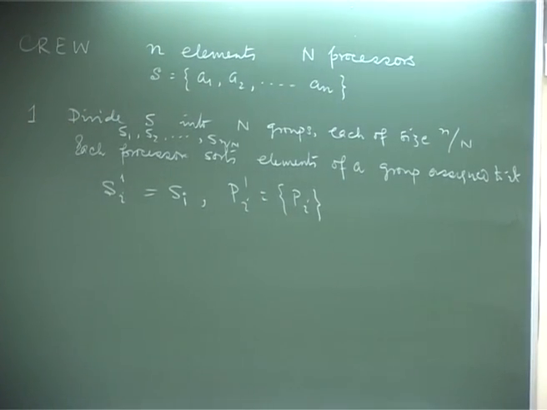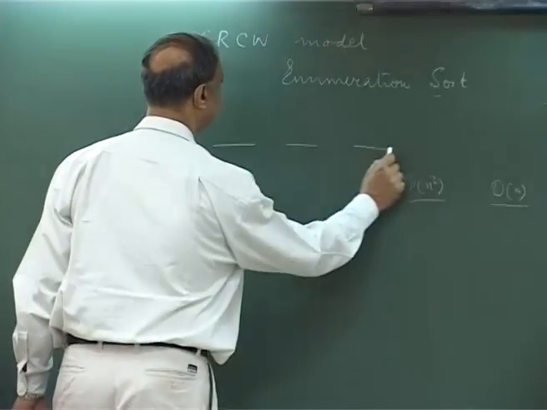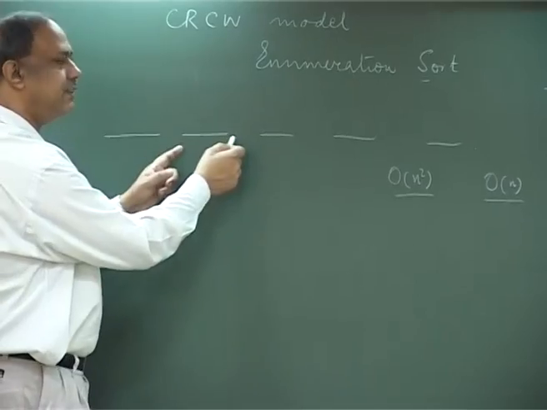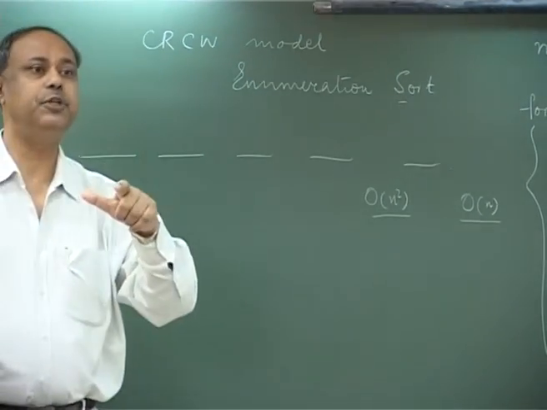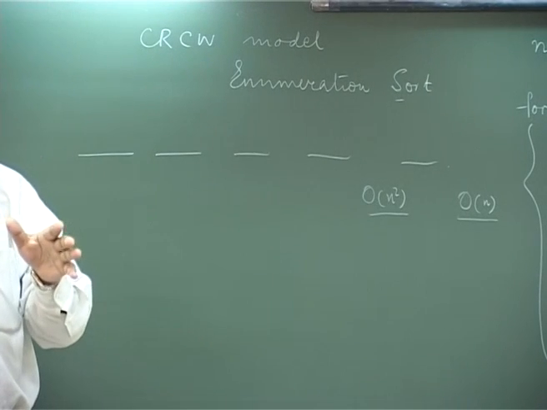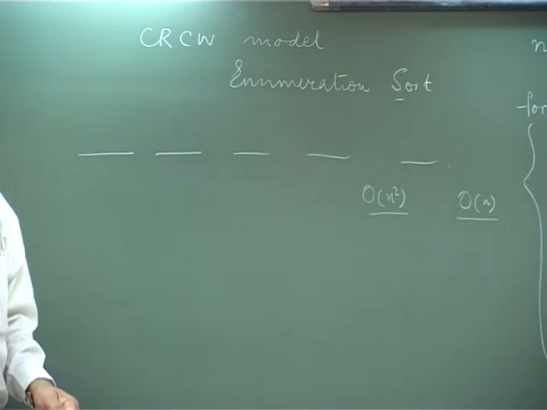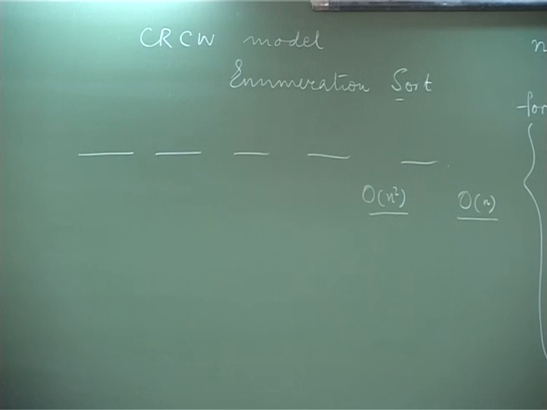Now what happens is that you have several sorted subsequences, and you now know the CREW merging algorithm that we discussed in the previous class.